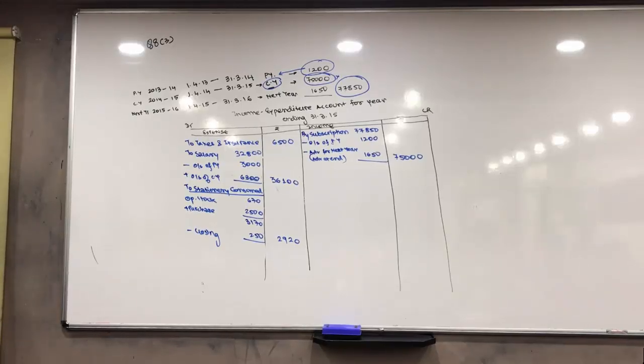Now we are going to see specific purpose funds. Match fund will be a liability. Investment of match fund, asset. Then prize distribution to match winners. Now, do we have a prize fund? But we have a match fund.